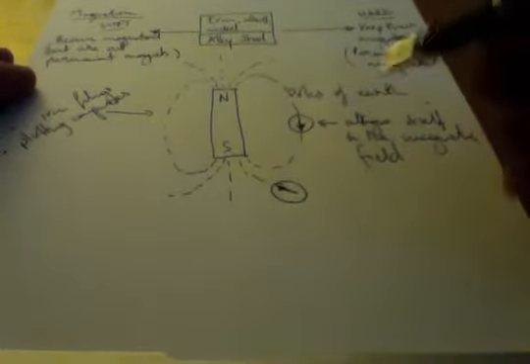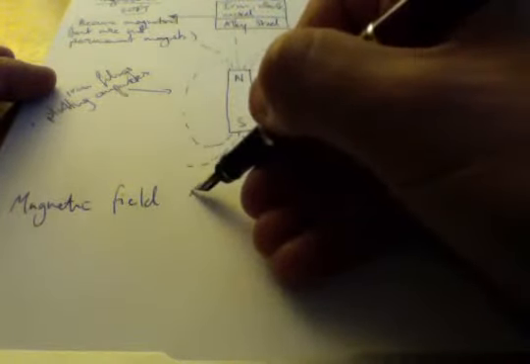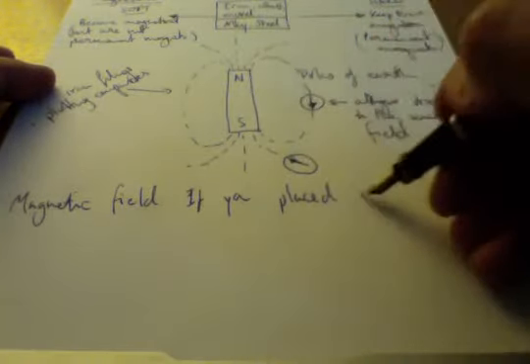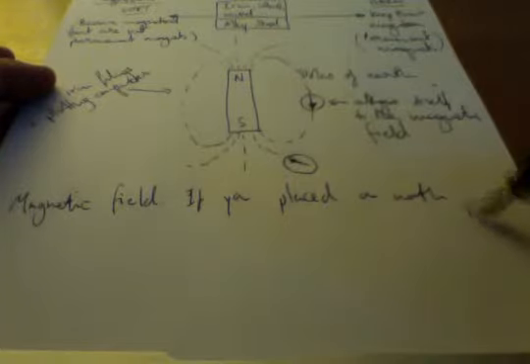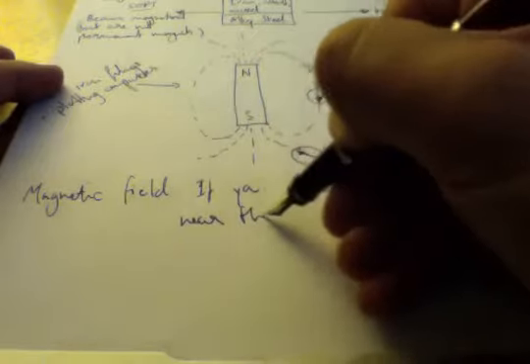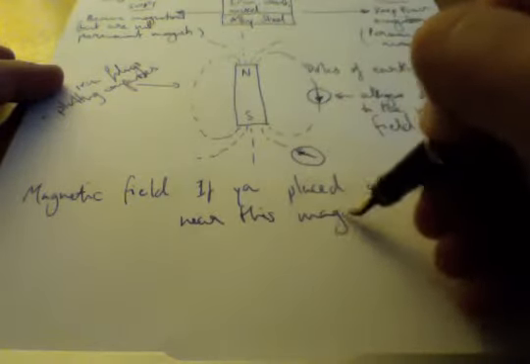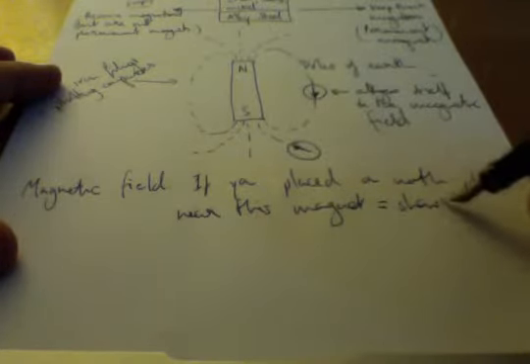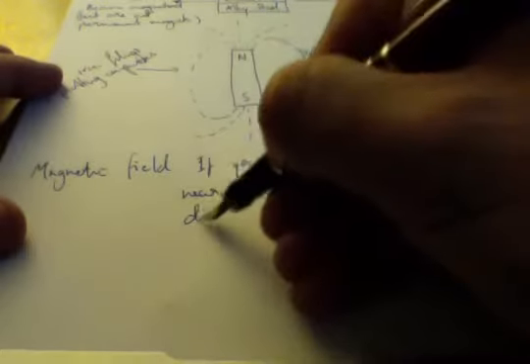Well, the magnetic field is what would happen if you placed the North Pole in the vicinity of this magnet, then it shows you the direction of force experienced.